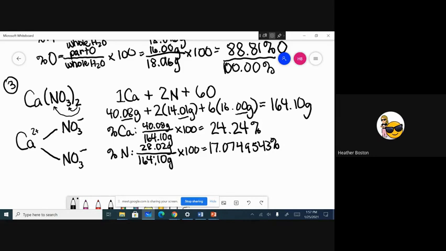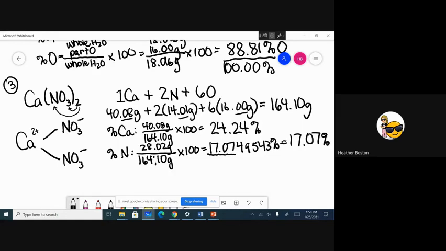We know that if I'm going to report this answer, I'd need to round it to 4 sig figs. These are my 4 sig figs. Notice this is 0.49. So close to rounding up, isn't it? But we're going to round it down because it is less than 5, 17.07%.